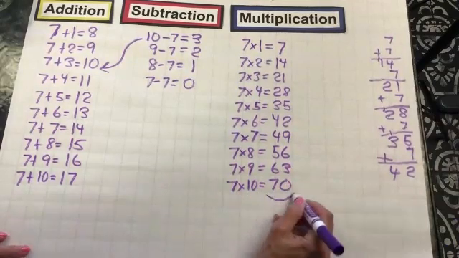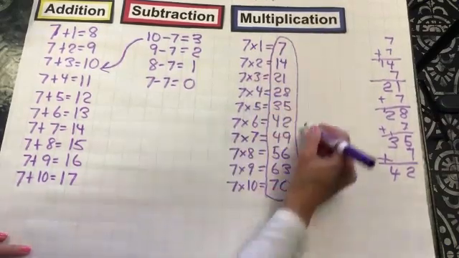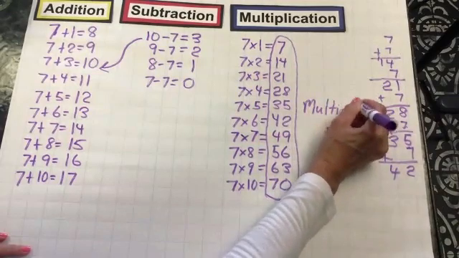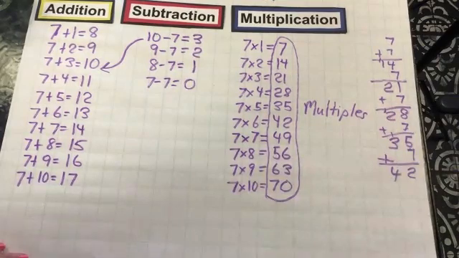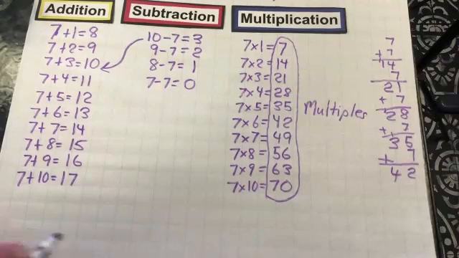And remember, these are all considered multiples of 7. And of course, there are infinite number of multiples for 7. But that's our multiples today. Looking good. Means all those numbers, 7 goes into evenly.